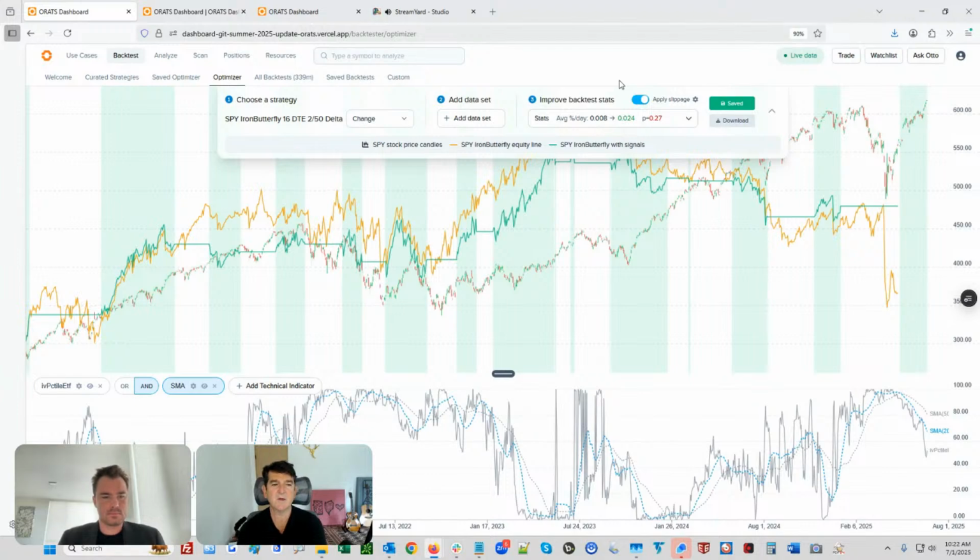So let's just talk about, first of all, the back test. In order to reduce path dependency, especially with 16 DTE, it's considered kind of a medium to short term trade, but we have some trades that are longer. If you only traded once every quarter, that might have some path dependency to it.